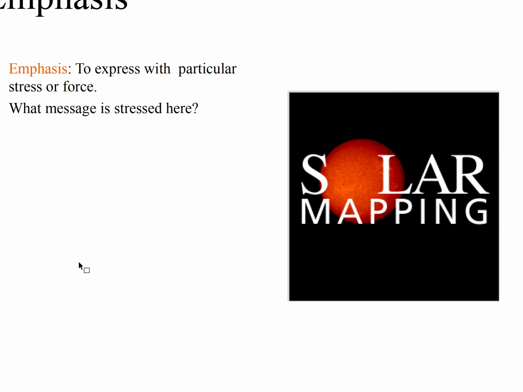Even though the location of the sun or the symbol on the page is very asymmetrical, it creates the illusion that the solar mapping is closer to the top than the bottom. We are also working with the fact that it's all uppercase, which we know can be hard to read. So the sun, the fact that it's larger and it overlaps with other letters, provides that relief to our eyes.